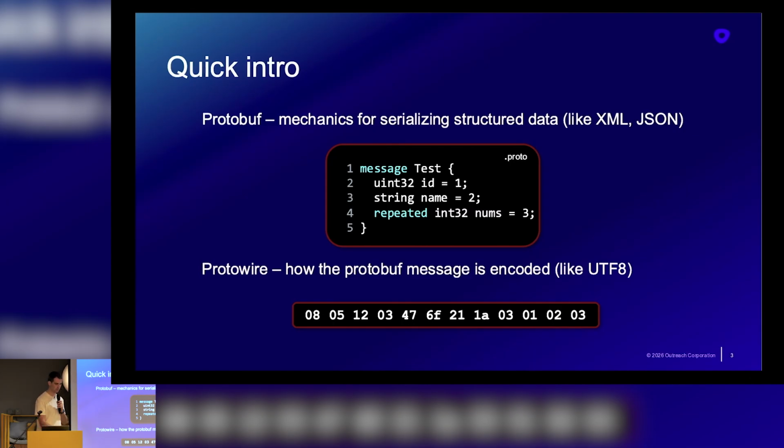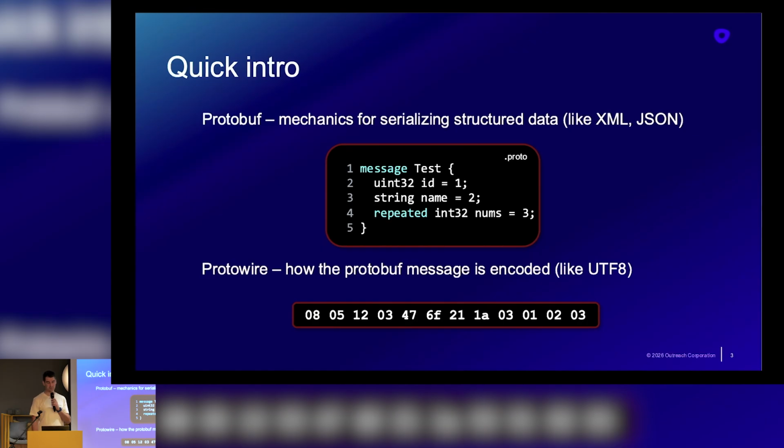We first need to define a schema in proto files, and the basic entity of the schema is a message, and the message has fields. And every field has a type, name, and a number. So these three main parts. So yeah, you all know this.